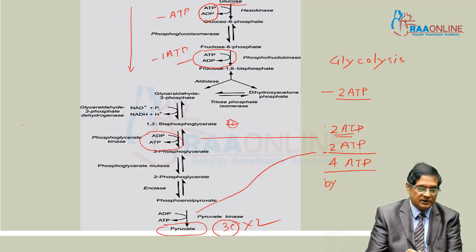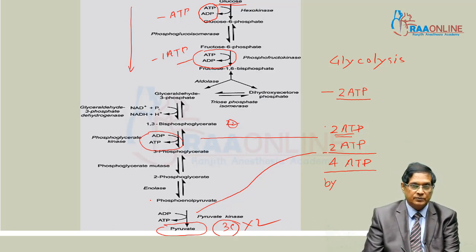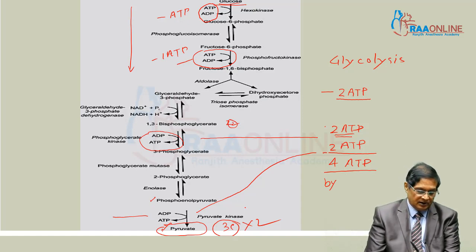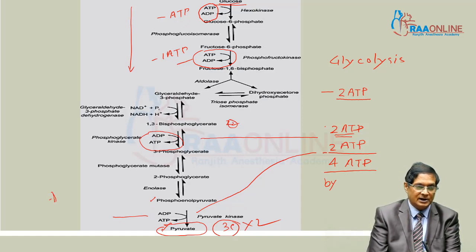Why is it called substrate phosphorylation? Phosphoenol pyruvate loses a phosphate and is converted into pyruvate. This phosphate, lost by the phosphoenol pyruvate, is gained by ADP, so ATP synthesis takes place.